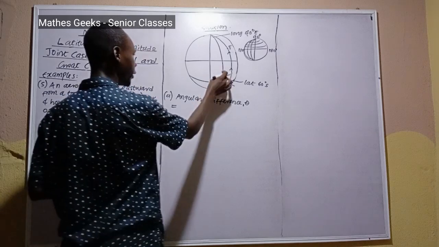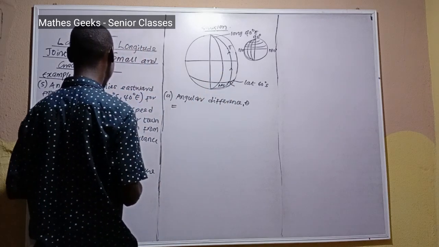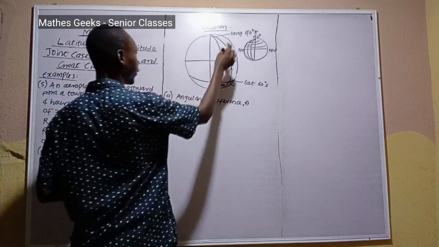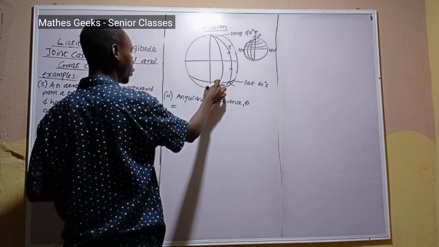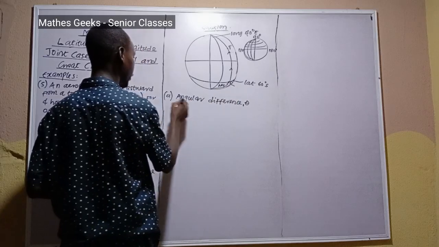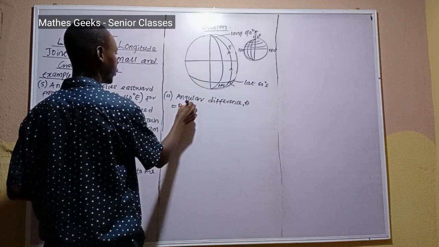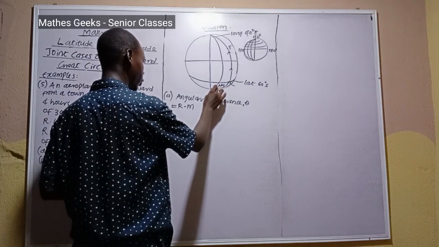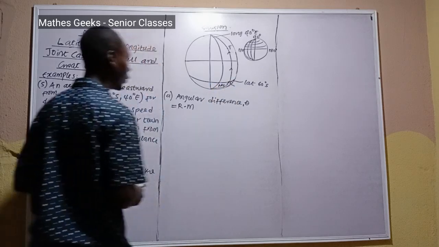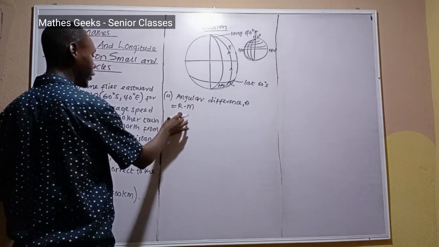Since the longitude given is 40 degrees east, the longitude of R will be greater than the longitude of M. So the angular difference, theta, would be R minus M, that is, you subtract the smaller longitude from the larger. So theta is equal to R minus M.